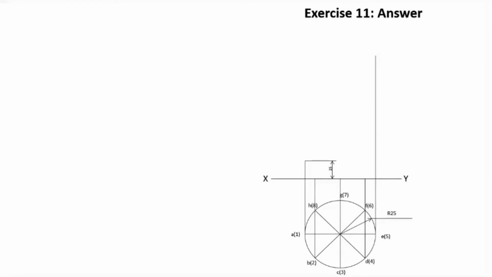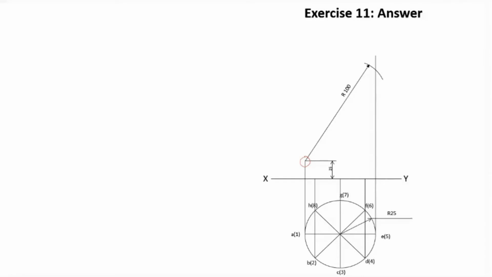The only condition is that when we draw an arc with this point as the center and 100 millimeter radius, because the major axis is 100 millimeter, it should intersect the second end generator at some point. So that is the only condition.